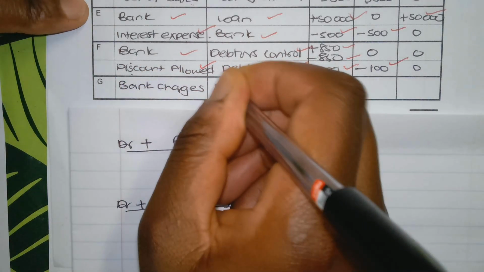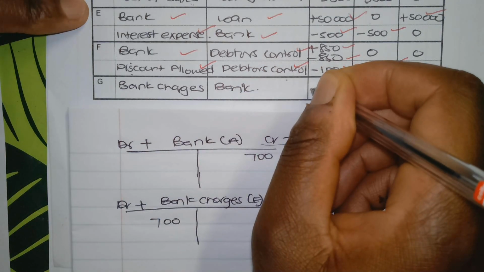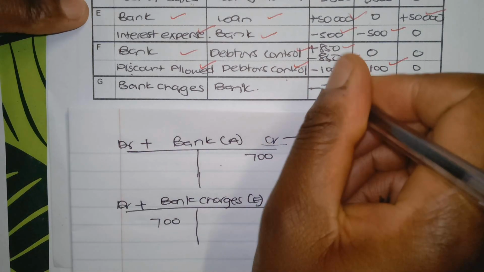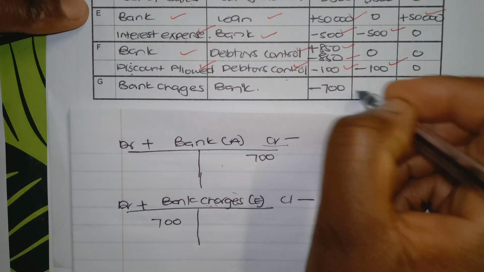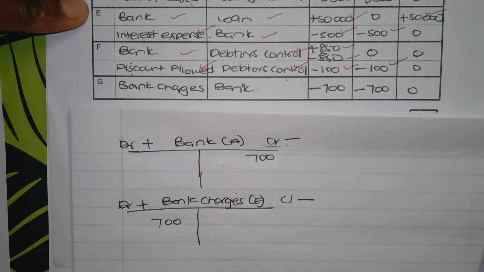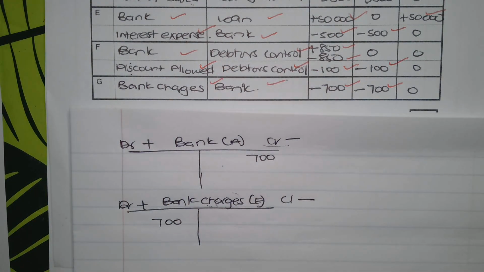And the account credited is the bank. The amount of 700. How is my asset affected? Negatively. Can you see? How is my owner's equity? This is an expense, we said. It's affecting it negatively. And then our liabilities is not affected. And boys and girls, there you have your 14 marks clean, right?